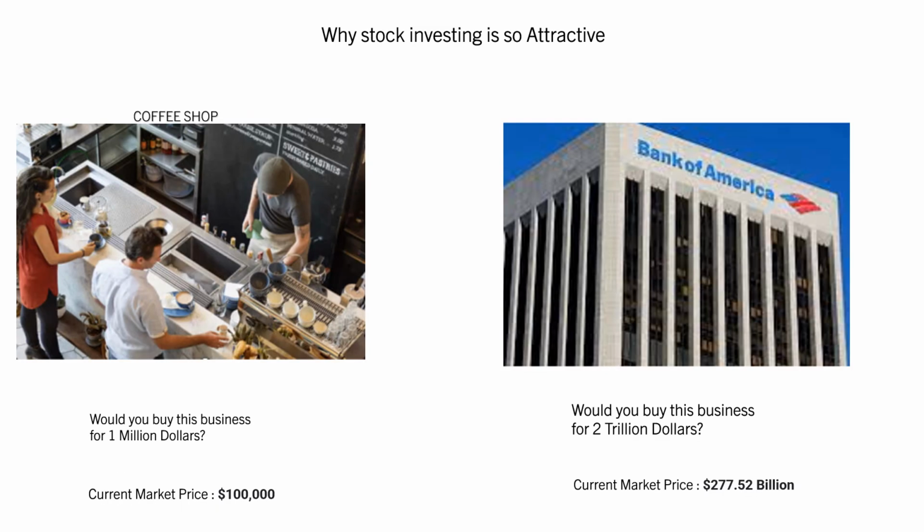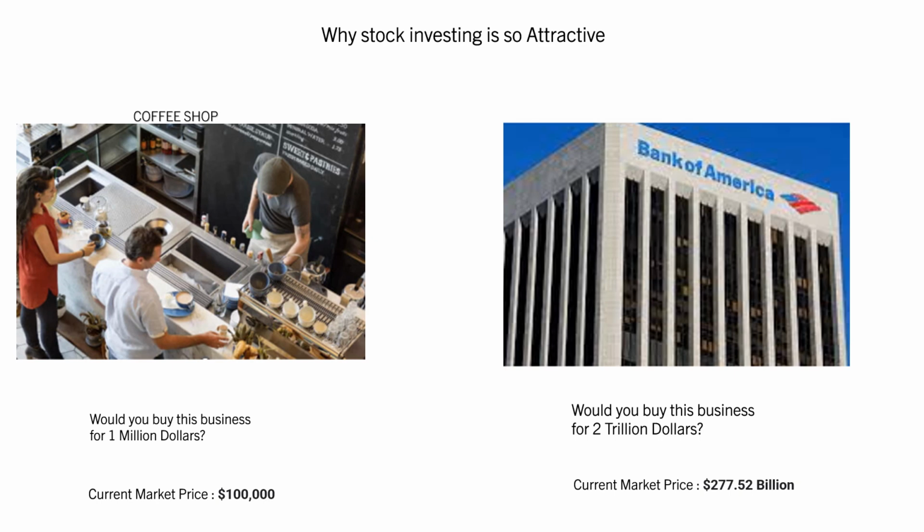Okay, in those two questions on the screen, what I did is I used the proportion. When I asked you if you would be willing to pay $1 million for John's coffee shop, basically what I did is I took 10 times the current market price, which is somewhat of a believable price, and I took 10 times that to ask you $1 million. And I did the exact same thing with the Bank of America.